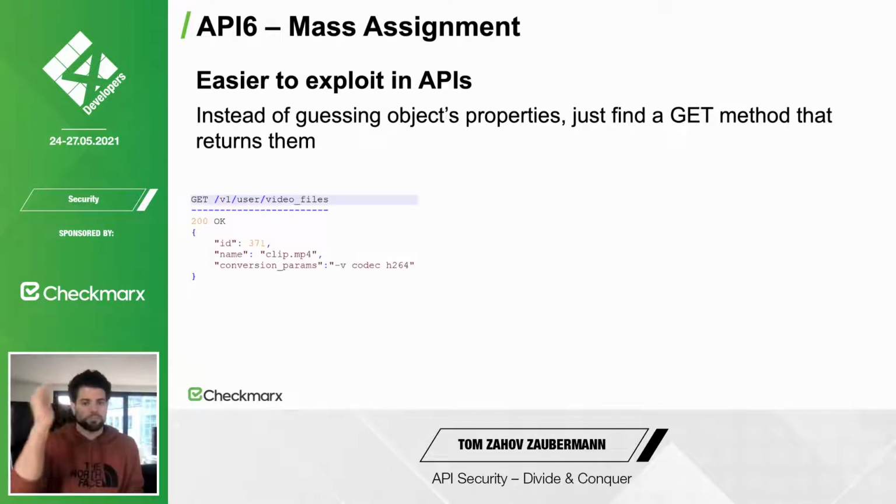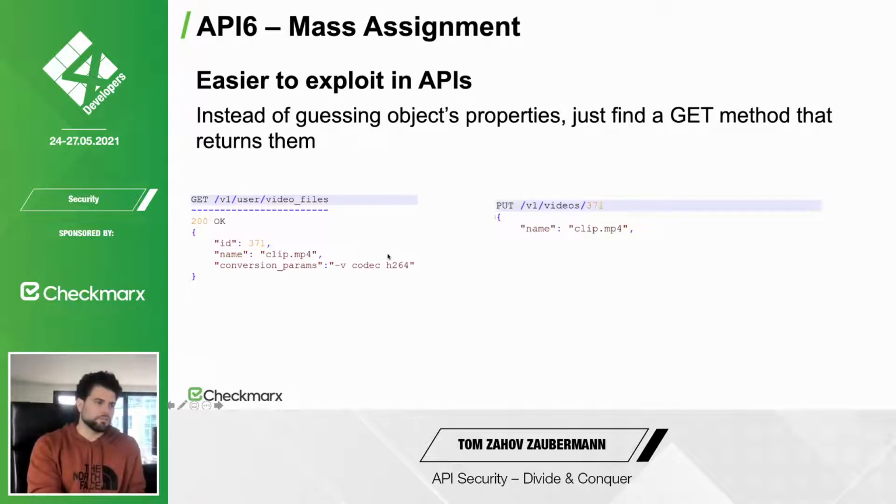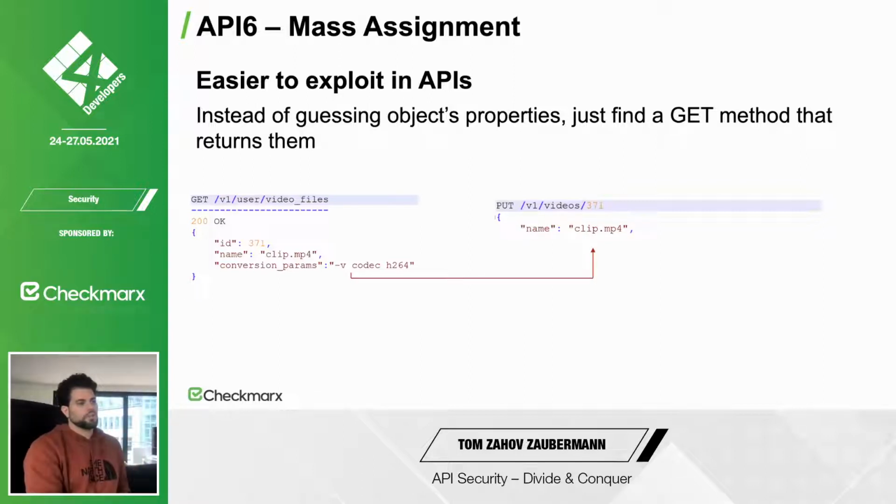We speak here about privilege escalation, but what about remote code execution? So for example, here I have a GET request for some video file, and you can see that we have a video file that is being converted, right? It's being converted to some codec, H.264, I guess you also heard about it. And then if I do an update or PUT request on this one, then what I can do is change the conversion parameters.